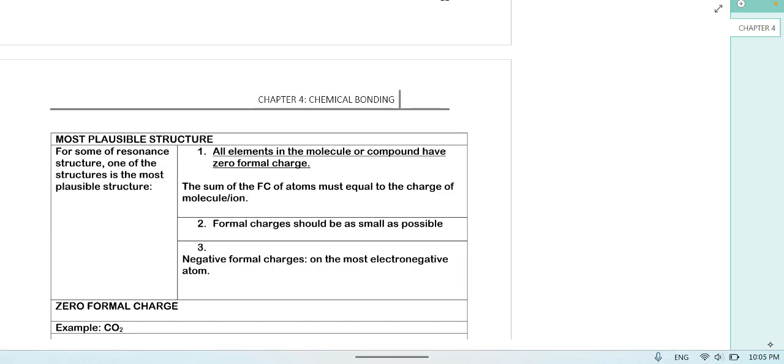We look at this priority. The first one, we want to look at whether all elements in the molecule or compound have zero formal charge. Number 2, formal charges should be as small as possible. And the last priority is negative formal charges on the most electronegative atom.